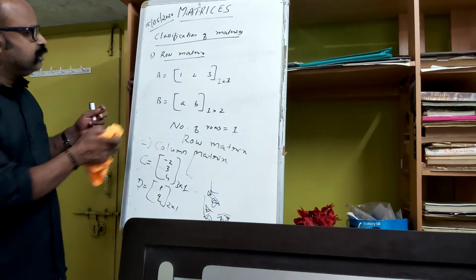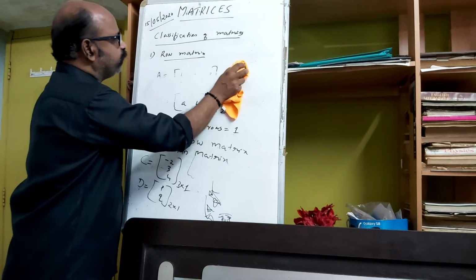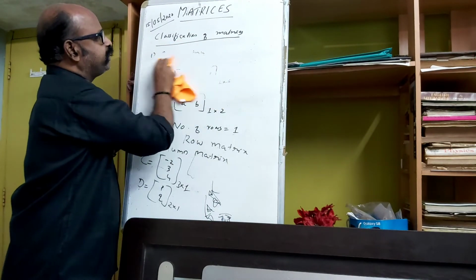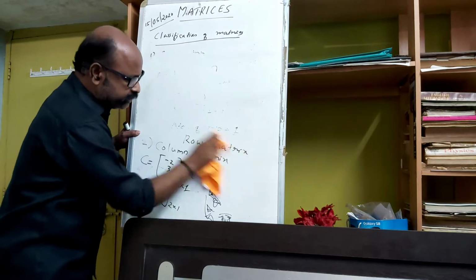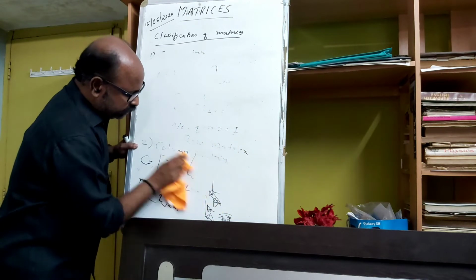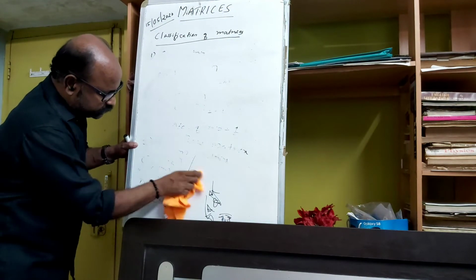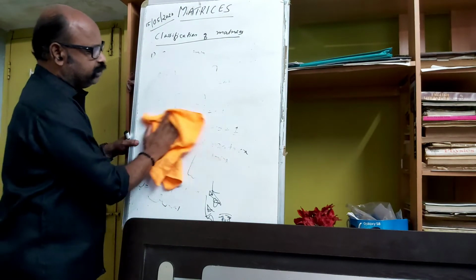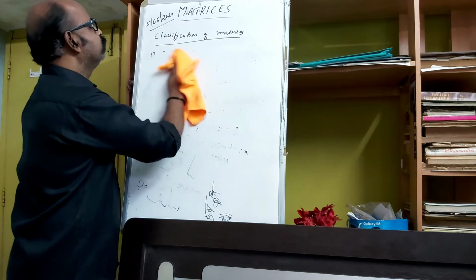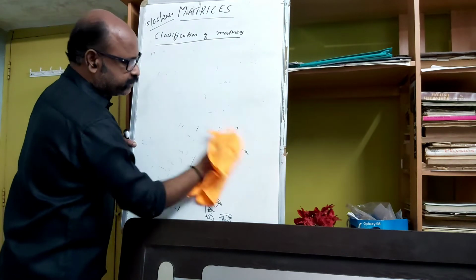So in short, we have discussed what is meant by a row matrix and what is meant by a column matrix: a matrix having only one row is known as a row matrix, and a matrix having only one column is known as a column matrix.